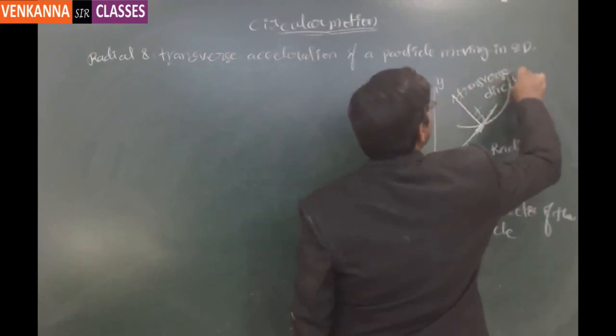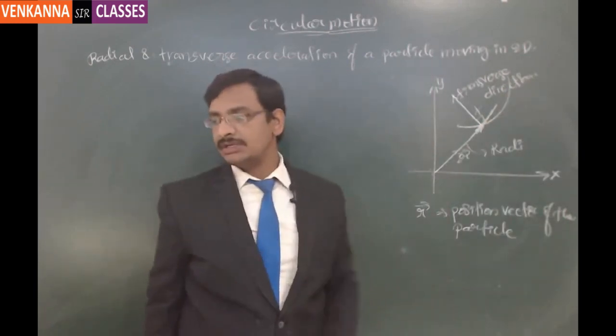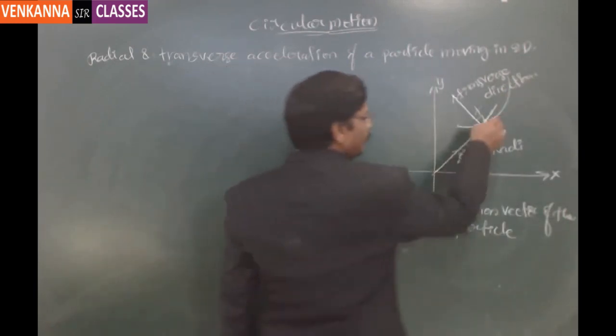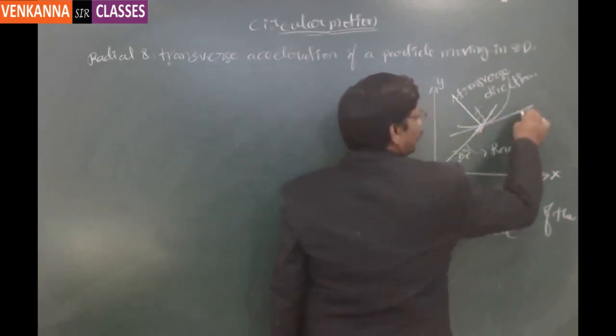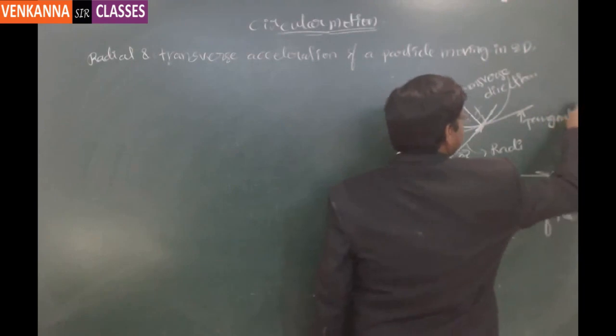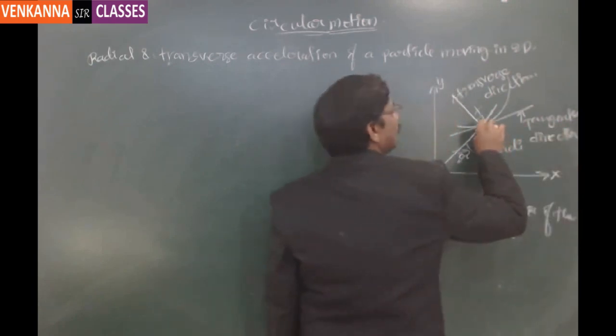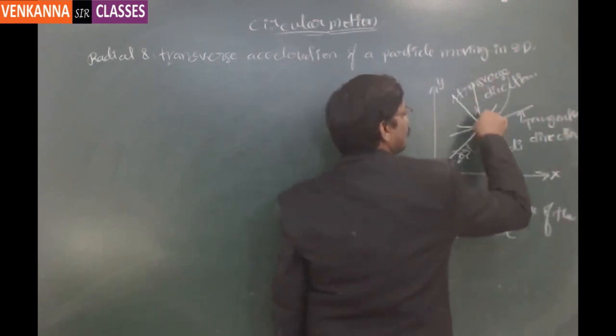Don't get confused, this is not a tangential direction. Radial is different and tangential is different. By tangential we mean if I draw a tangent like this, this is the tangential direction. And the normal direction is a vector drawn perpendicular to the tangent.